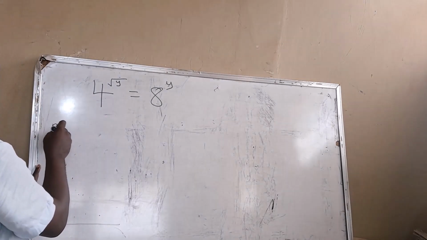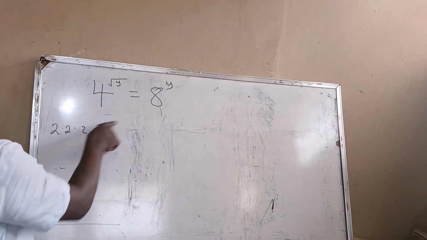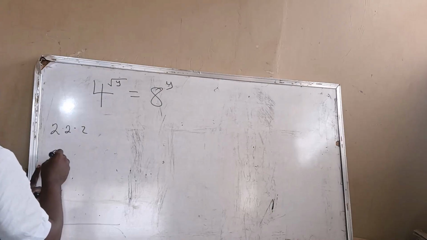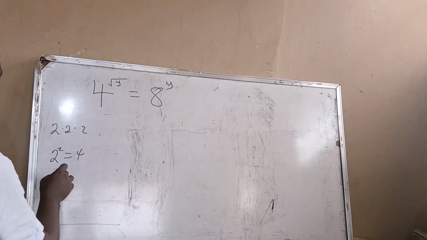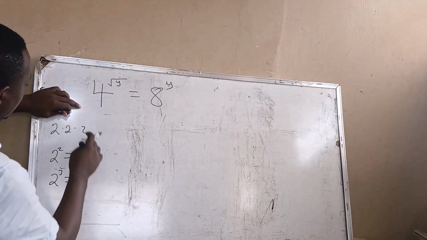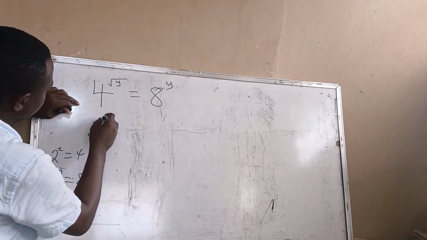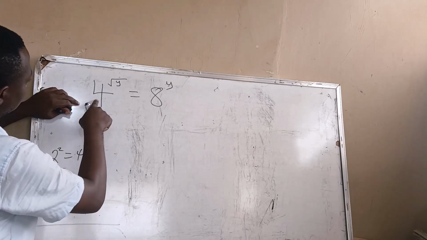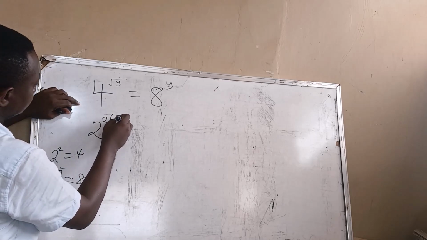Now, 2 times 2 is 4, times 2, that would be 8. It means 2 squared is 4 and 2 to the power 3 is 8. So in place of 4, I'll put 2 to the power 2. Okay. Now this one is the same as 4. And don't forget this one is there and it will multiply.